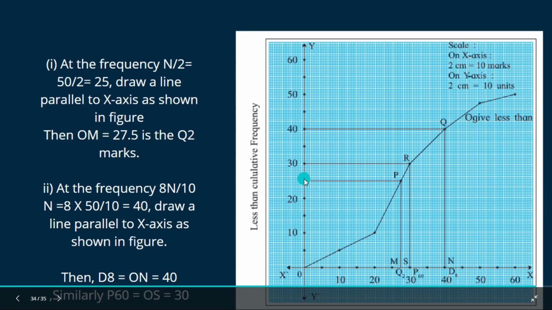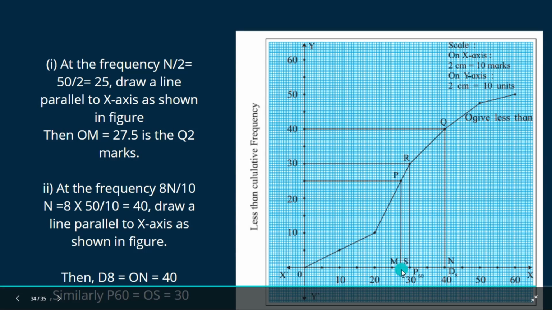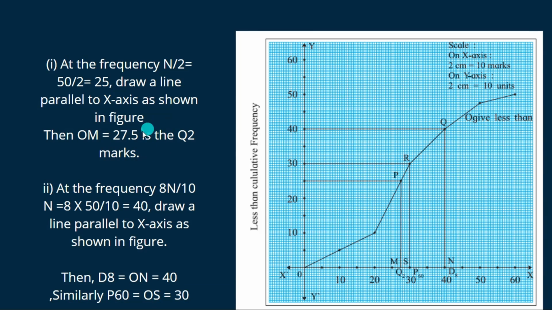So we'll draw one straight line, and when it meets the curve, we have to stop here and draw one line going downwards. At the foot of this line you will get quartile 2. It is between 25 and 30, and it is around 27.5. So your answer is 27.5. This is your quartile 2.